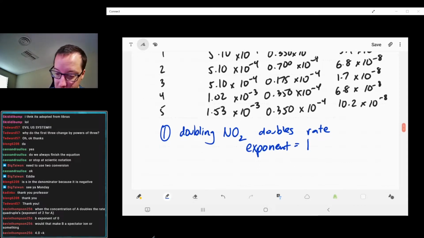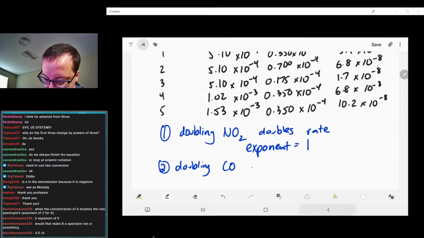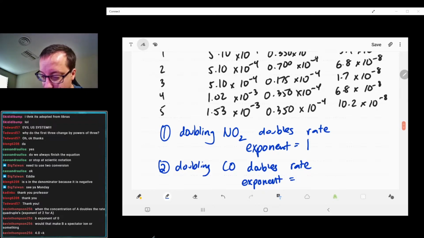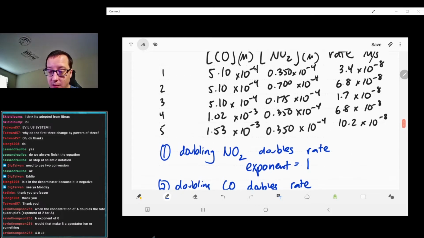So we also know that doubling carbon monoxide doubles the rate, which tells us that the exponent for carbon monoxide should also be 1. And we have this as well here.